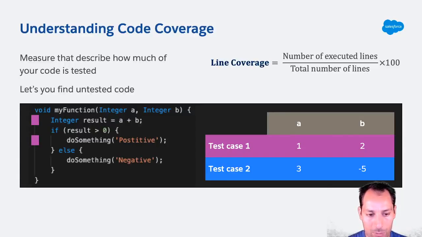So this means we basically have 50% code coverage. You can see here in pink the lines that are affected by these two specific values in this first test case. And if we run a second test case with a equals 3 and b equals -5, we would execute the other 50% of the code. So that reaches 100% code coverage with two test cases.